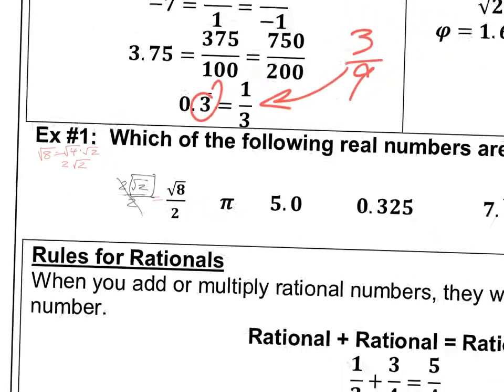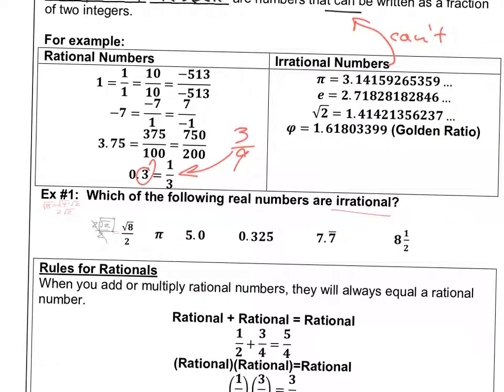Well, we already know the square root of 2 is one of our irrationals, along with all other numbers that are square roots of non-perfect squares. So yeah, that's irrational. Pi also is one of our numbers that we listed up there, so that's irrational.